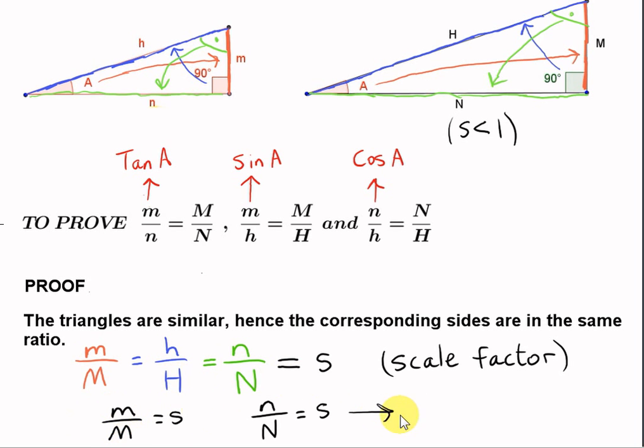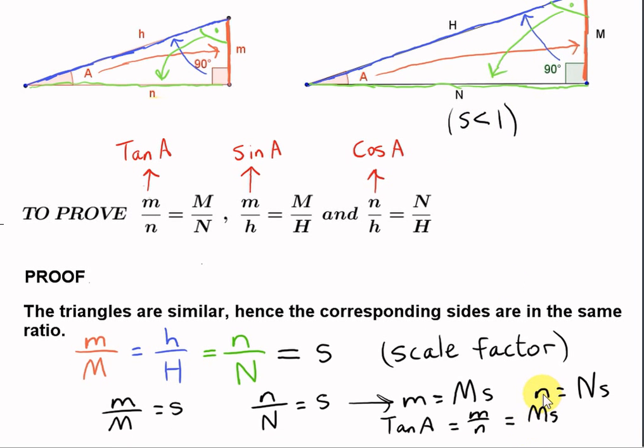Multiply both sides of this by big M. So we see that little m equals big M times S. And from this one here we see that little n equals big N times S. So we know that the tan of angle A from the small triangle is little m over little n, opposite over adjacent. But of course we can now replace little m with big M times S. So we're scaling down this big M by the factor S, whatever it is, some number less than 1 in this case.